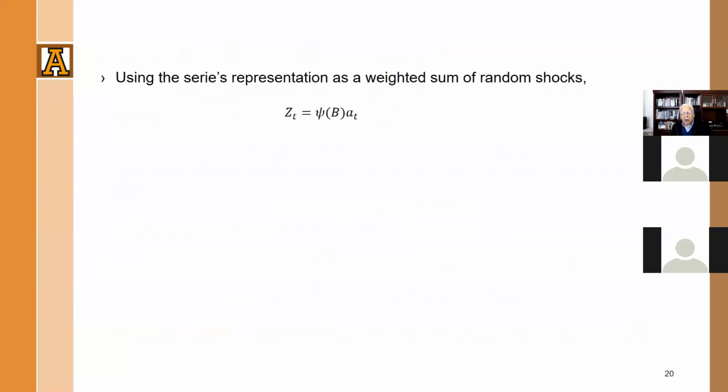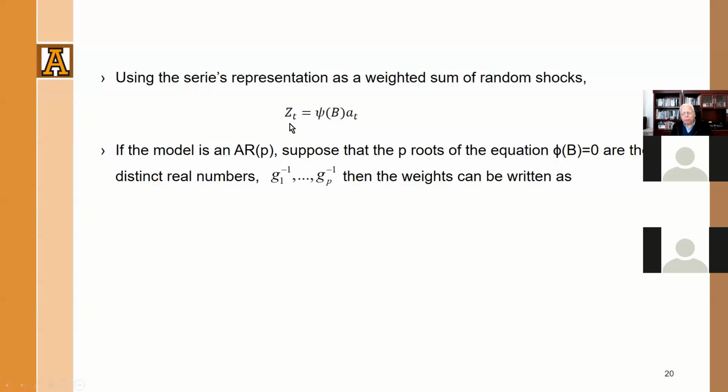Now, if we use the series representation as a linear combination of random shocks, which is a representation we've seen for stationary processes, we express Zt as psi of B applied to at, where psi of B is the usual: psi 0, which is 1, plus psi 1 B, psi 2 B squared, psi 3 B cubed, and so on, all applied to at.